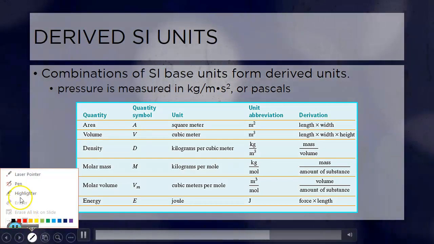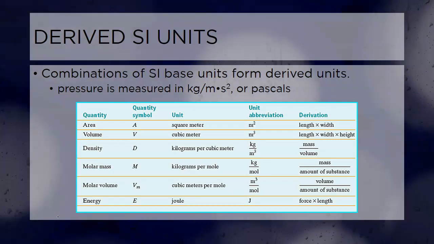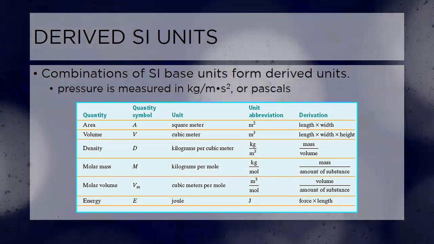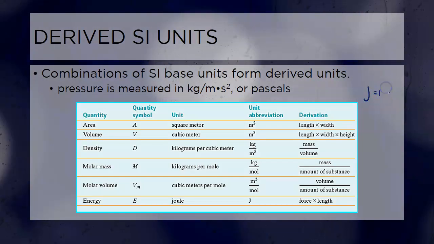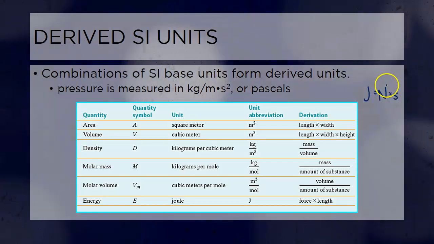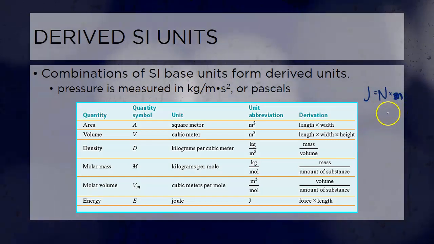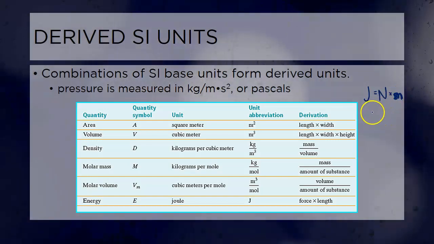I'll show you how this breaks down. This is more important again in physics, but just so you can see how complex a joule is. A joule is a newton meter.